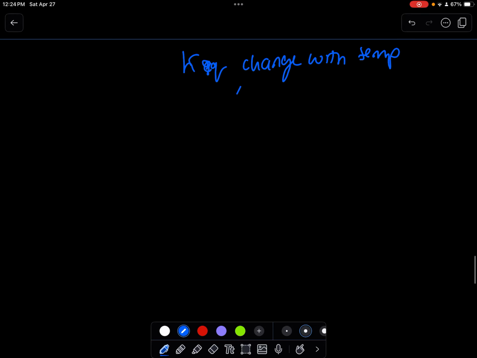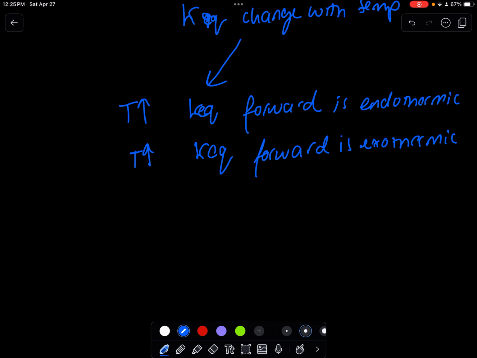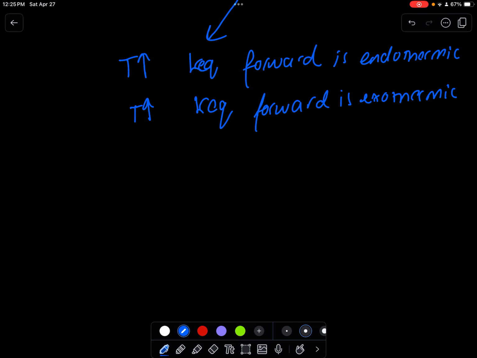What do you think happens to the value of KEQ when the forward reaction is endothermic? And what do you think happens to the value of KEQ when the forward reaction is exothermic? And in both cases, we increase the temperature. Pause the video and see if you can figure it out.